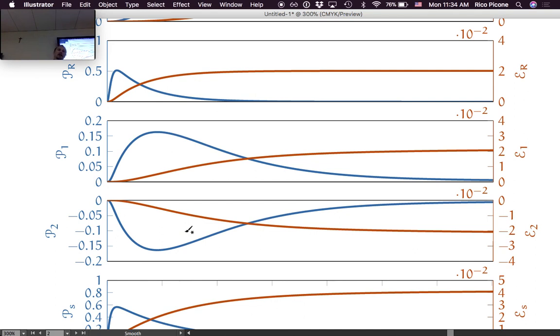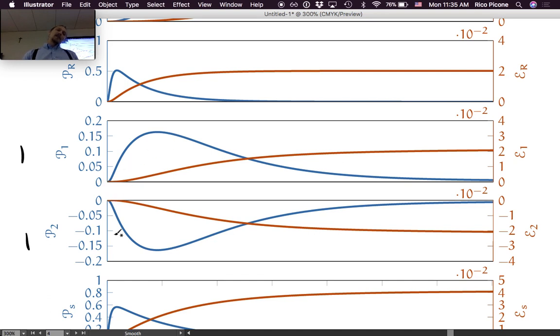So then this is the transducer. What happens with the power of the transducer is exactly the opposite, because power flows in side 1 and it flows out side 2, right? Positive in, negative out.